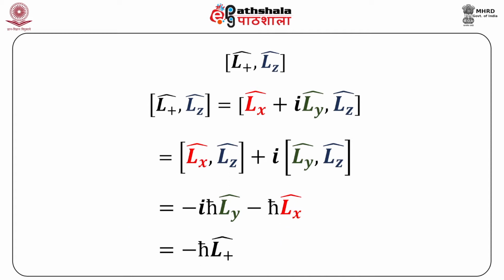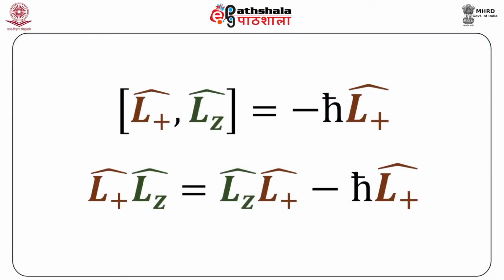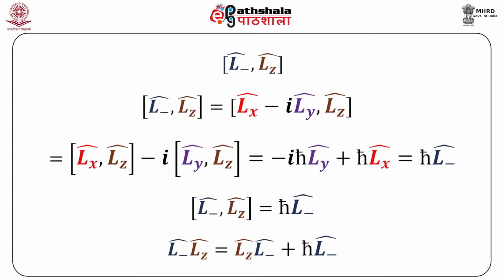So that means the commutator of L plus, Lz is minus ħ L plus. Further simplifying this commutation relation, we get the expression L plus Lz equals Lz L plus minus ħ L plus. With this, we now move to the second commutation relation between L minus and Lz.